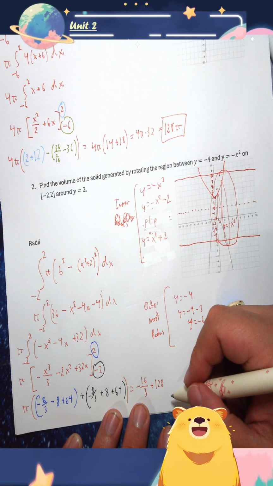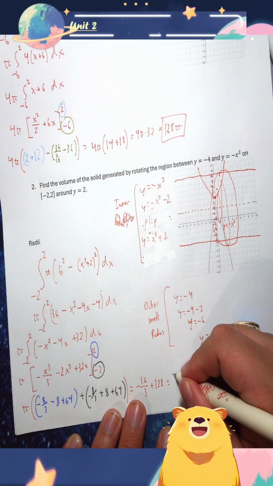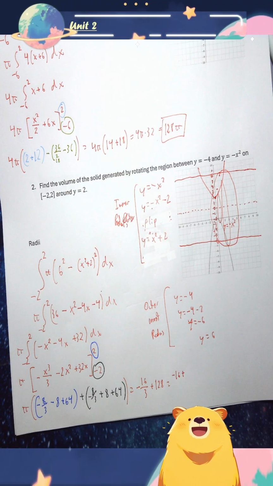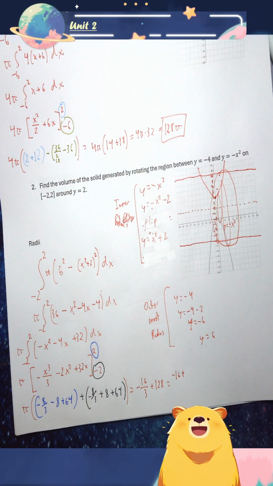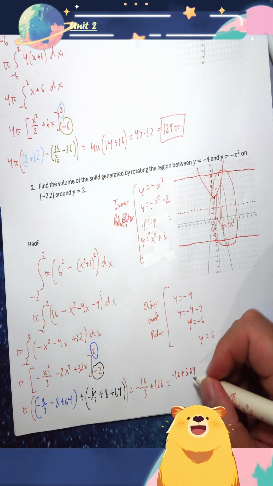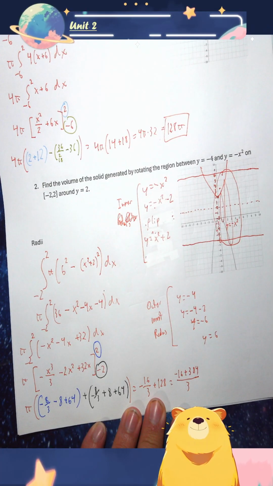We could butterfly method this to get -16 plus 128 times 3, which I'm not about to do in my head, because that's ludicrous. Sorry, I don't know if you know that reference. Over 3.